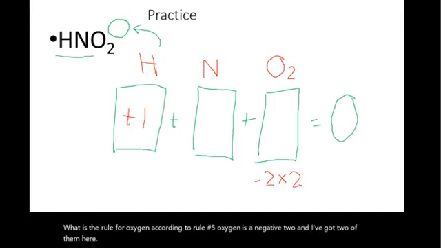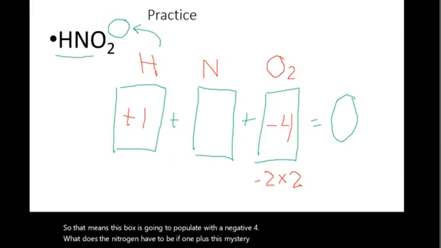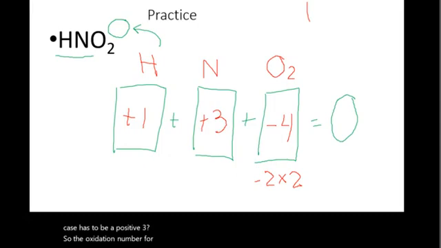So that means this box is going to populate with a -4. What does the nitrogen have to be? If 1 plus this mystery number, plus -4, equals 0, nitrogen in this case has to be a +3. So the oxidation number for the hydrogen in this problem is equal to a +1.